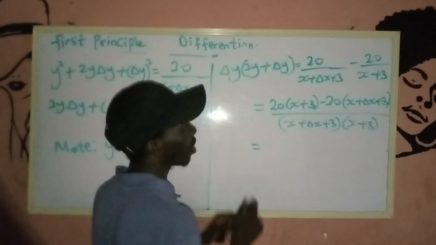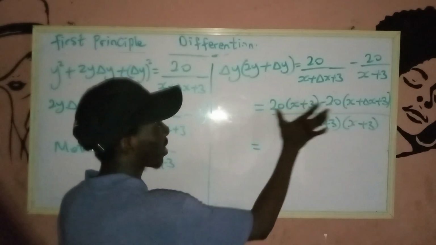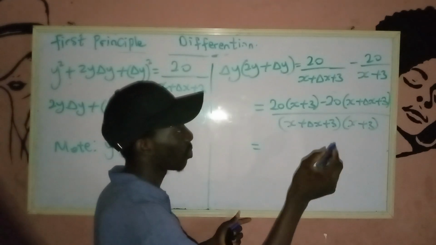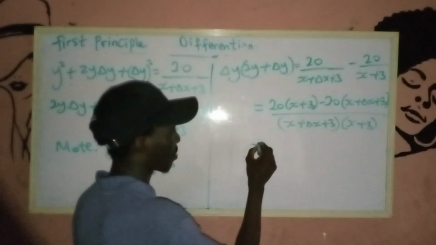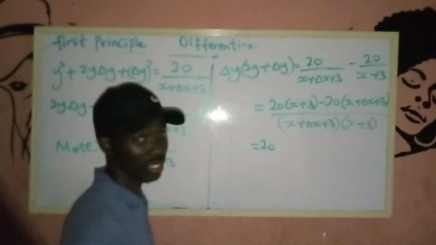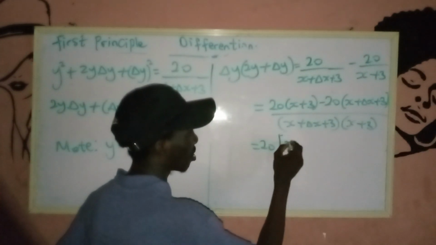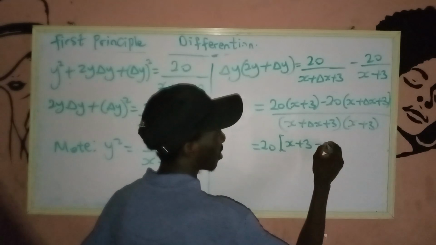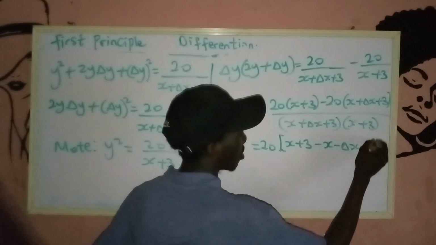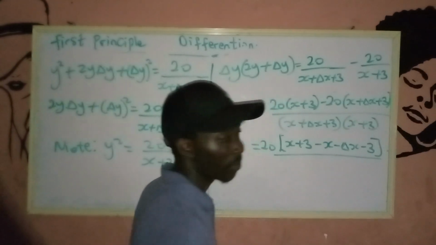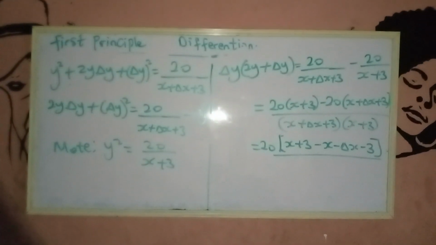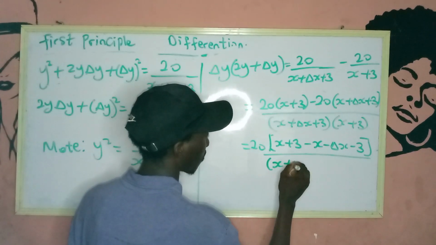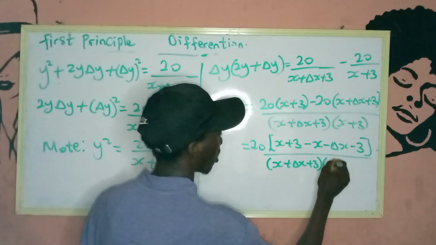To avoid stress, 20 is common here, so instead of wasting time, I'll take the 20 out, and I'm left with x plus 3. Also here you have a minus, you can just open this, and that is minus x minus change in x minus 3. Then from here you have x plus change in x plus 3, and you have x plus 3.